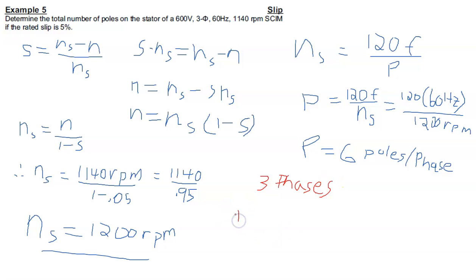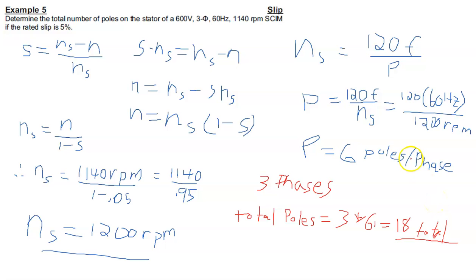So therefore the total poles is 3 times P, or 3 times 6, 18 poles total. Now that's one way to do that, right? And maybe that's the easiest way.